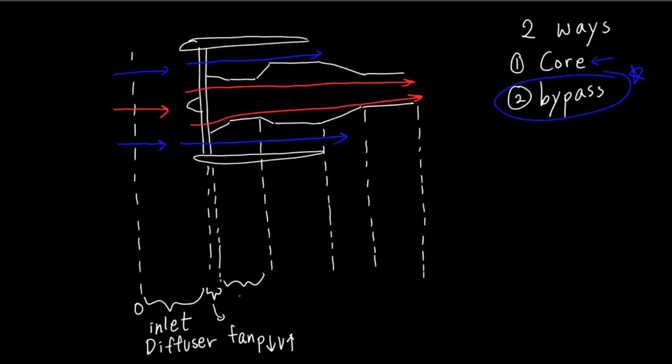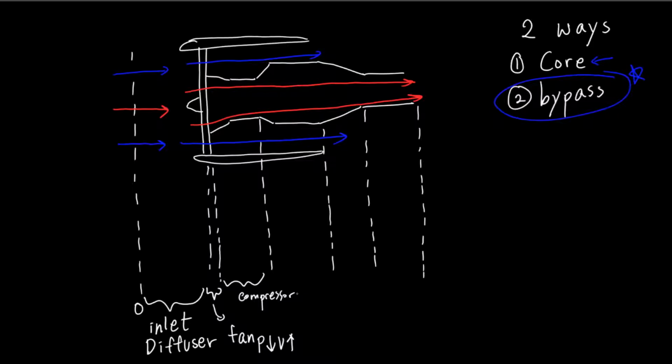This part right here is the compressor. The compressor is important because it increases the thermal efficiency. So in a compressor, do you think the air is accelerated or decelerated? Well, actually, when we're analyzing a turbofan, we assume that the velocity is negligible in the compressor, the combustor, and the turbine, except for the inlet and nozzle.